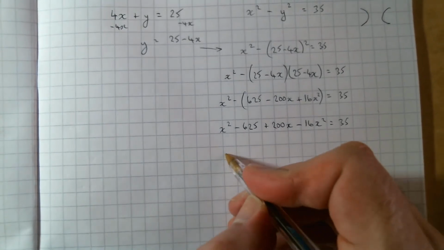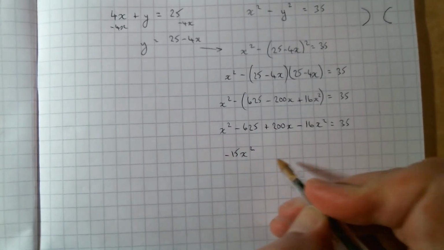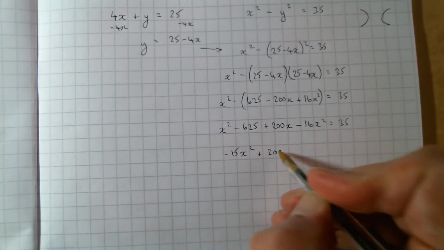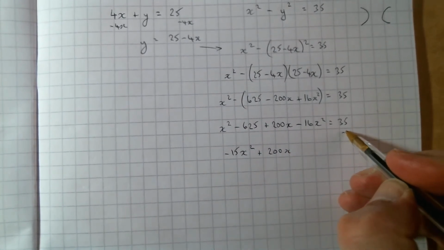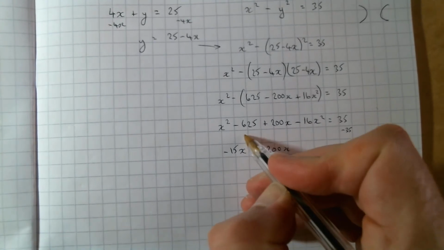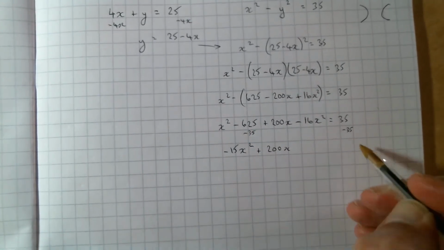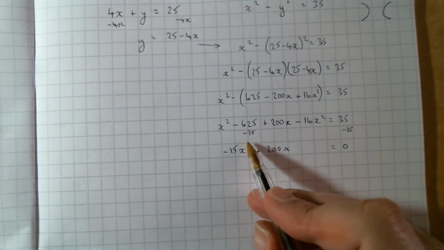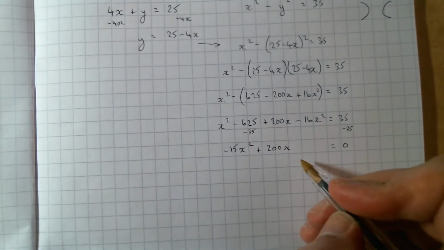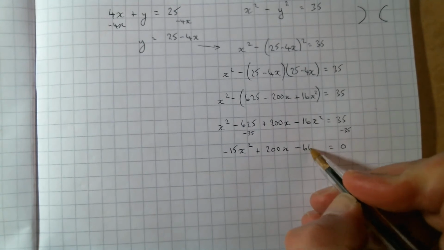We've got negative 15x squared plus 200x. And while I'm at it, I'll subtract 35 from both sides, so that I get the equals 0 that I know I need. Negative 660.